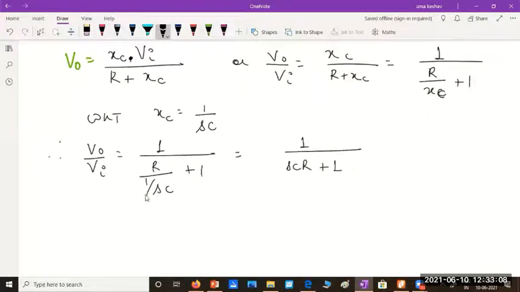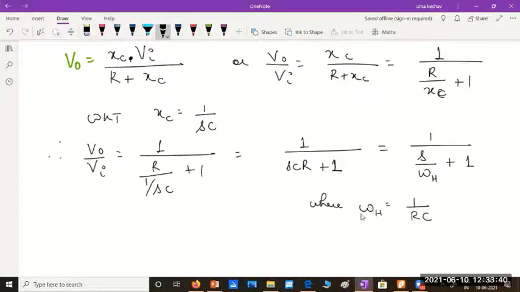Can I write it like this? sC comes to the numerator, R by 1 by sC will become RsC plus 1, or this can also be written as 1 by (s by omega_H plus 1), where omega_H is 1 by RC.